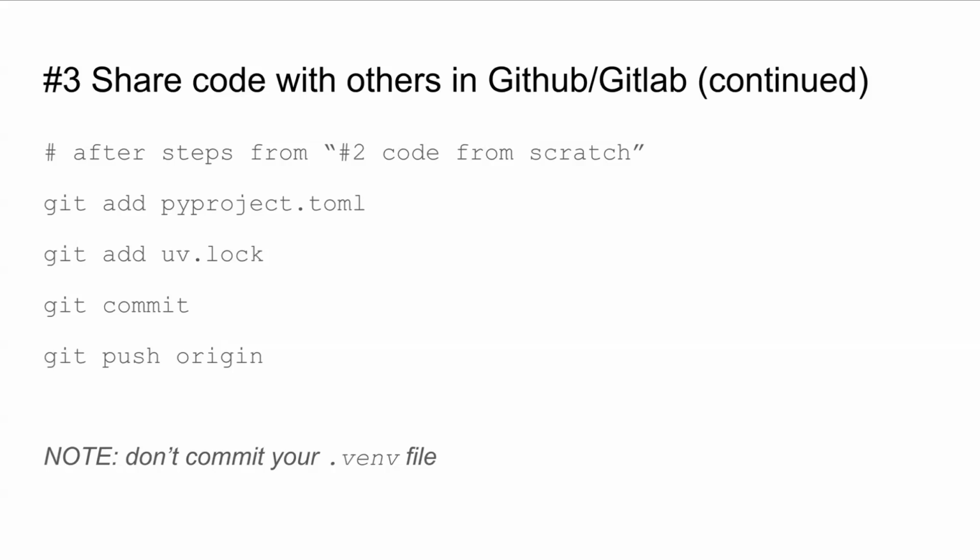And you commit and you push, and you should be all set. But a general reminder, you should not be committing your .venv folder ever, even if you're not using uv. Luckily, because uv init creates a .gitignore file, that .gitignore file says don't commit a .venv to help protect you.